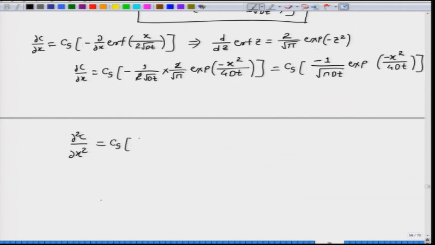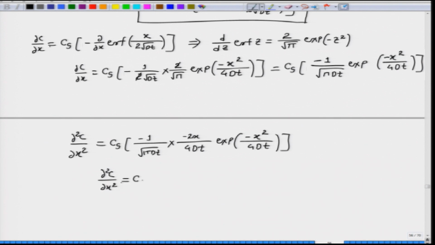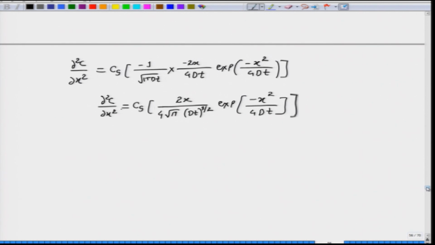That should be minus 1 over root pi dt times minus 2x over 4 dt exponential minus x square over 4 dt, and so is equal to 2x over root pi times dt to the power 3 by 2, and there is also a factor of 4, exponential minus x square by 4 dt. So, the curvature is positive.